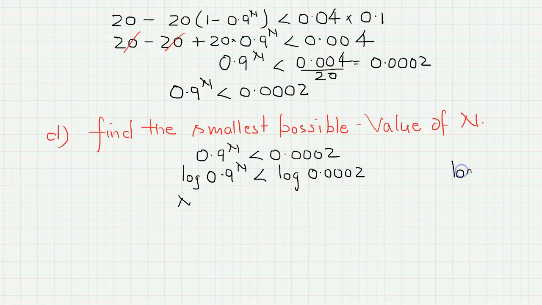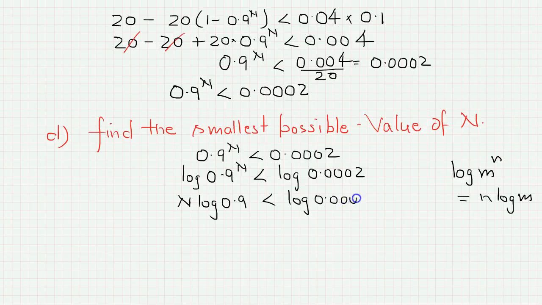We know that log m to the power n is equal to n log m. So it will be n log 0.9 less than log 0.0002. So n is less than log 0.0002 divided by log 0.9.